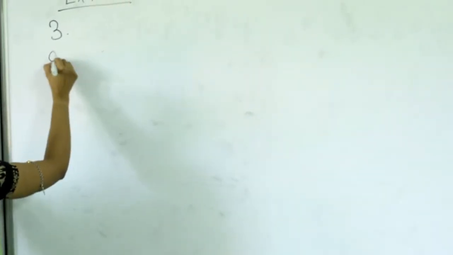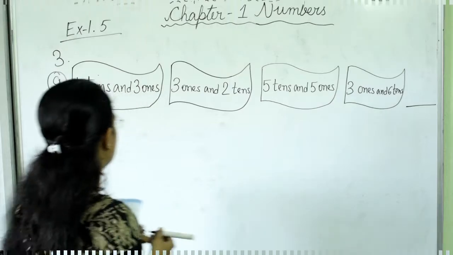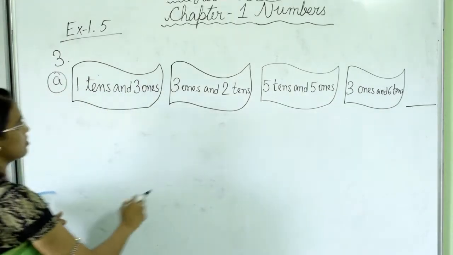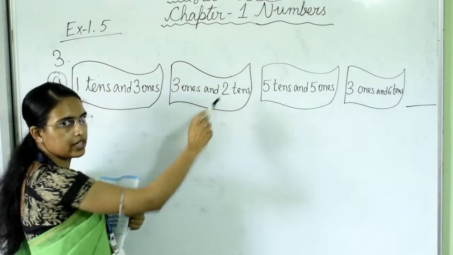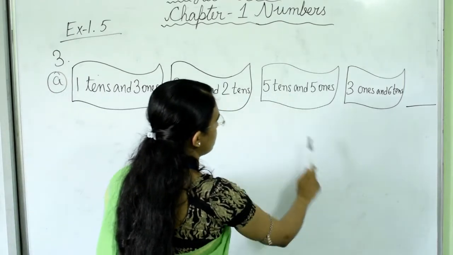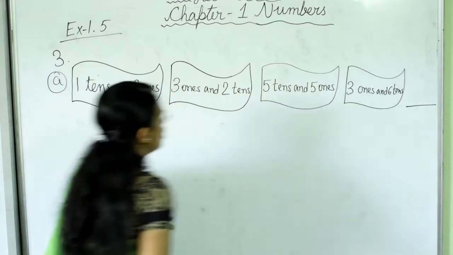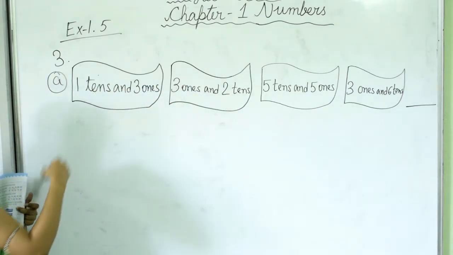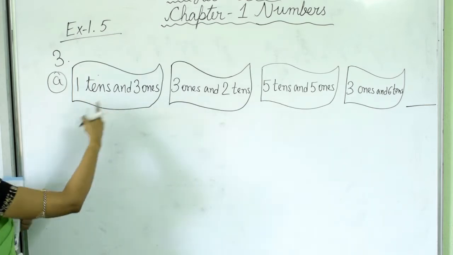Question number 3a. Okay, now look here, what is written here? 1 tens and 3 ones, 3 ones and 2 tens, 5 tens and 5 ones, 3 ones and 6 tens. So first we have to put these numbers according to tens and ones.